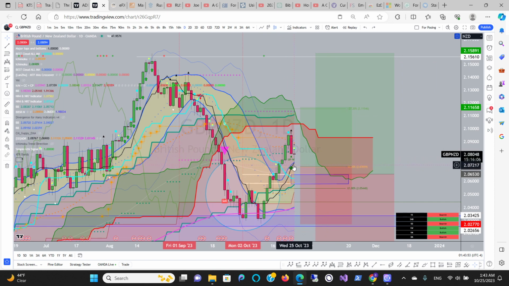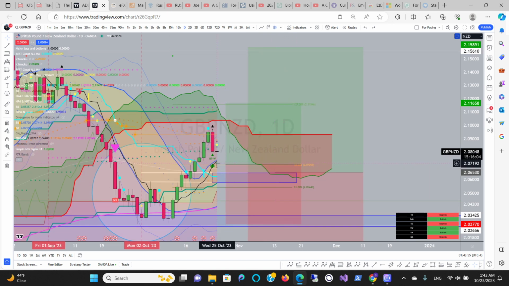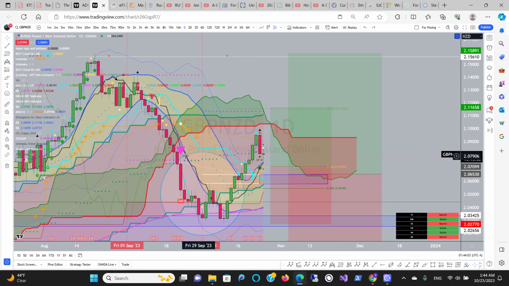We have the TK cross here of the Kijun and the Tenkan right here. Now all we need is for the Chikou span to break across the prices.